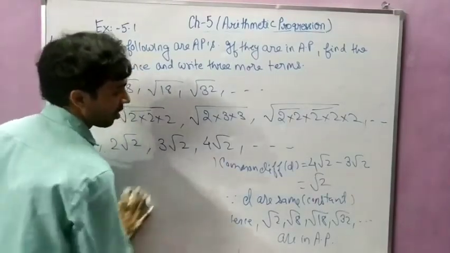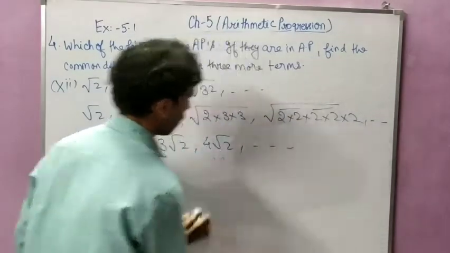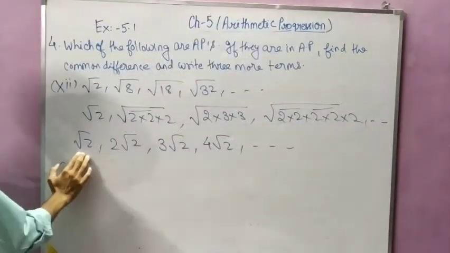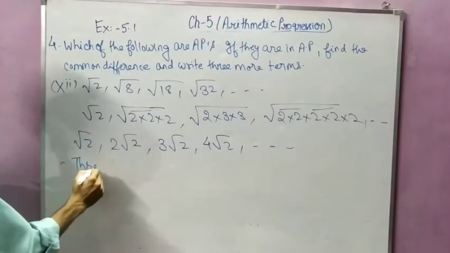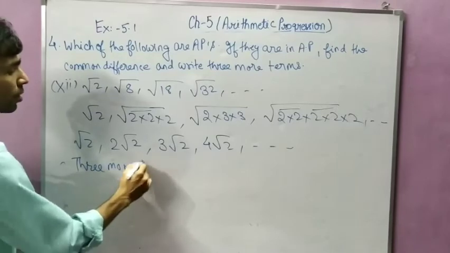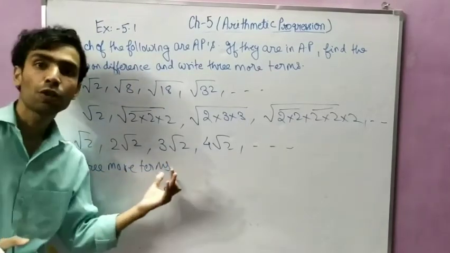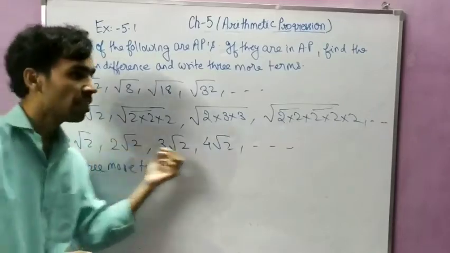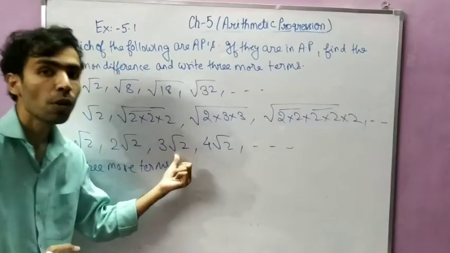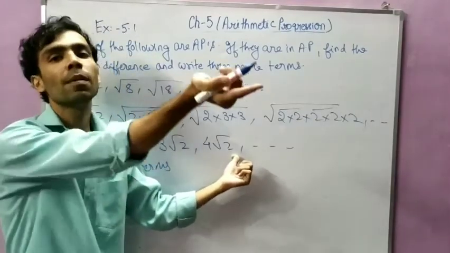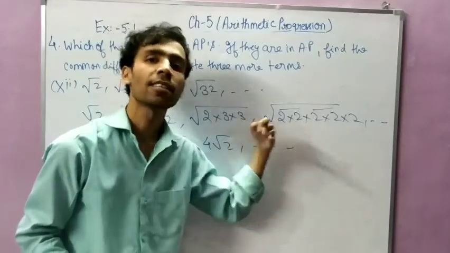You can easily tell without solving. First 4 terms, T1, T2, T3, T4 are given. So 3 more terms, whatever method I told you, by that you can solve, or directly you can solve in this question, because you can see first is root 2, second is 2 root 2, third is 3 root 2, fourth is 4 root 2, then fifth will be 5 root 2, sixth will be 6 root 2, seventh will be 7 root 2.